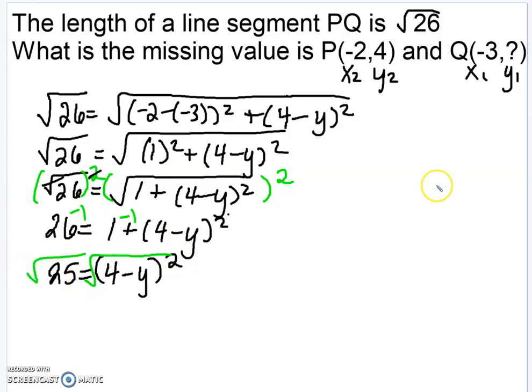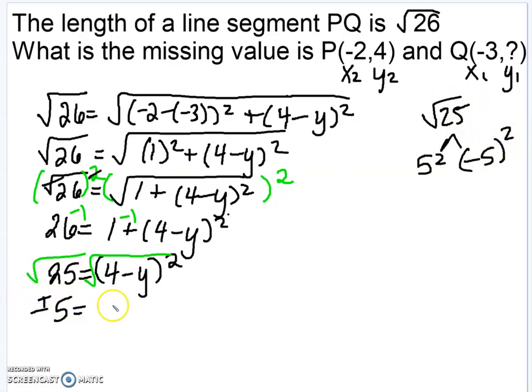And a big reminder, when we do the square root of 25, remember you could get 5 or -5 as options because 5 squared gives you 25 and -5 squared gives you 25. So I'm going to write it as plus or minus 5.